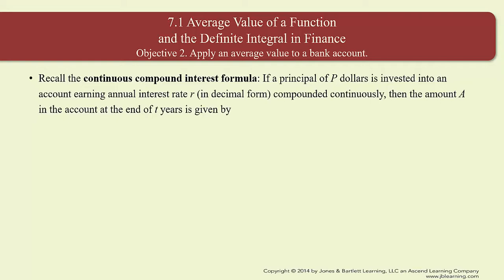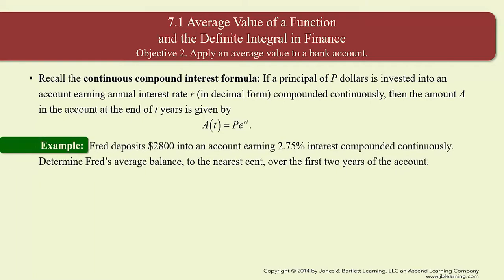If you have a principal of P dollars invested into an account that earns an annual interest rate R, remember that rate is always in decimal form, compounded continuously, then the amount A in the account at the end of T years is given by A of T equals P e to the RT. Remember, P is also known as the present value. A is also known as the future value.